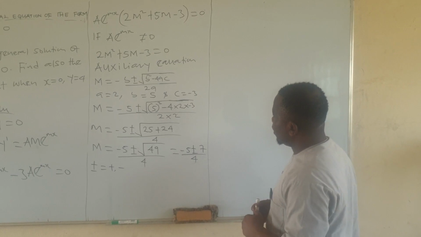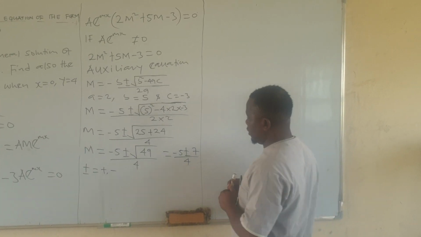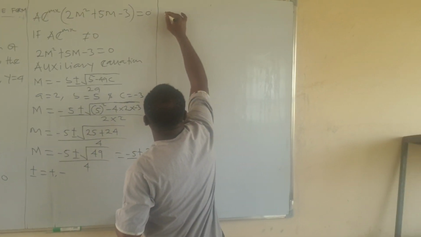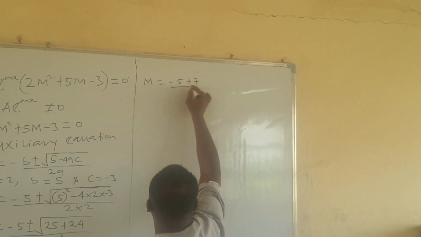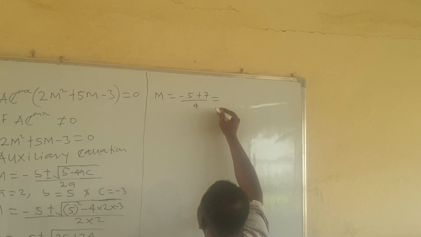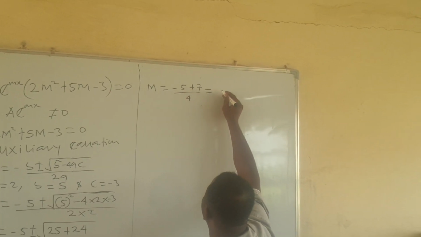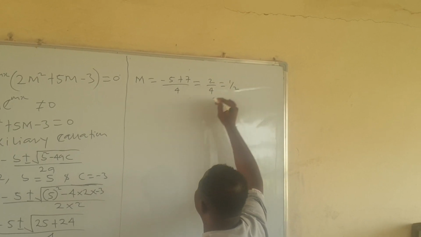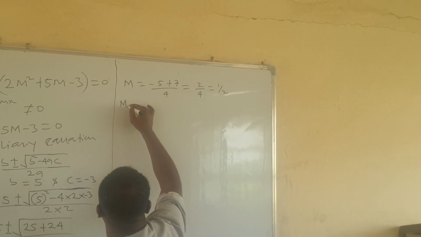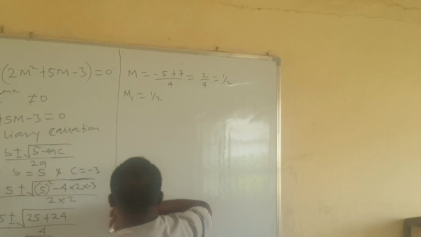Are you following? So if you agree with me, let's first use plus. Minus 5 plus 7 all over 4 is equal to 2 all over 4, which is equal to 1 all over 2. It implies that our m1 is equal to 1 all over 2.